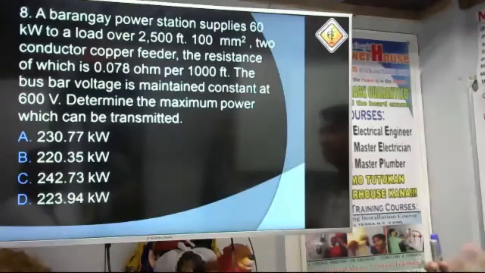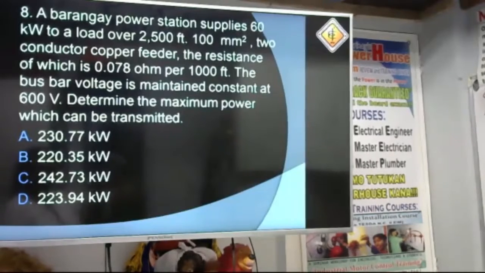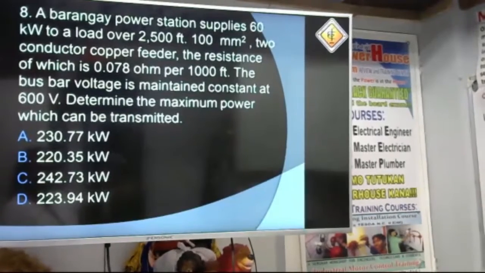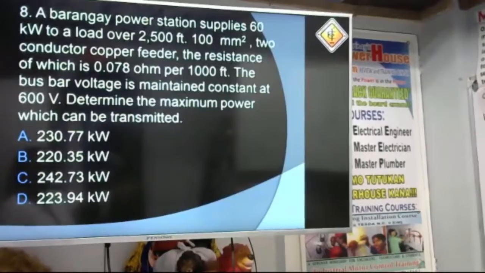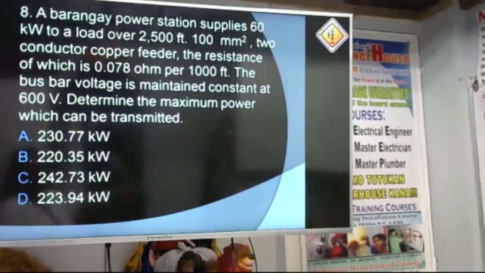So let us draw first our circuit. So there is a power station. It has a 600 volt supply. Then we have 2 copper feeder. Okay.